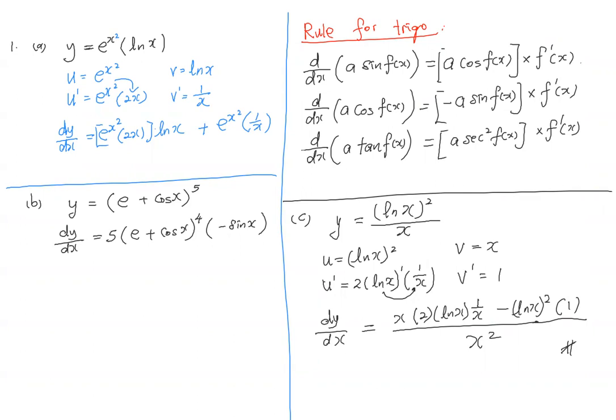If you look at the past year papers, the 2020 paper and the 2021 April paper, which I have just uploaded, you can see differentiation is definitely a must for the first part. So how to differentiate is very, very important. Are you clear?